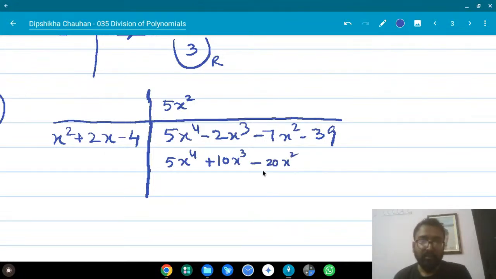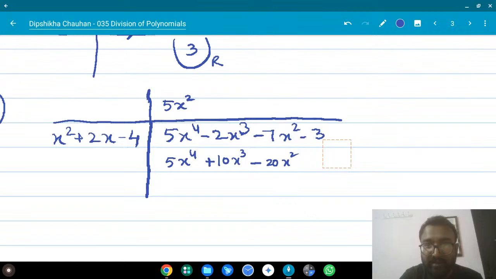Even if 3 is here, no problem. If 3 is not here, we have to take it as 0x cube. Is there anything missing? Here, after 39 you are missing it: you can write plus 0x plus 39.